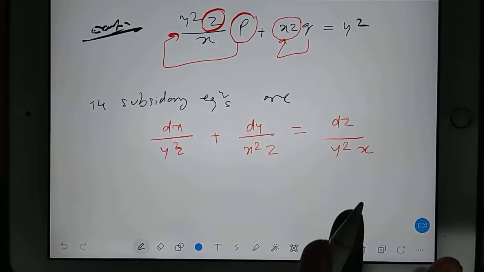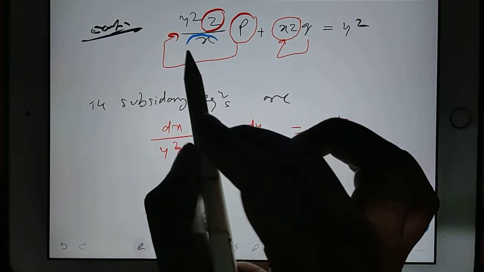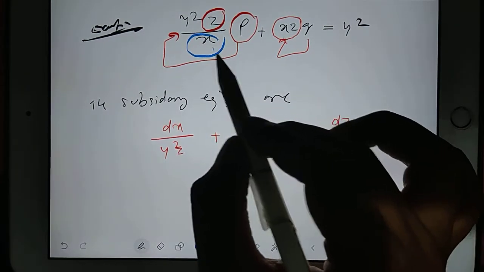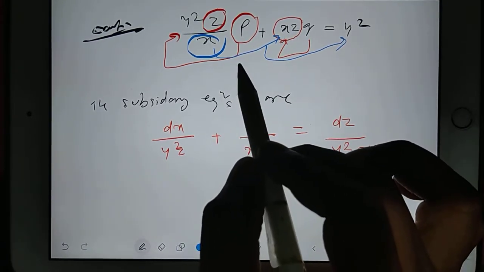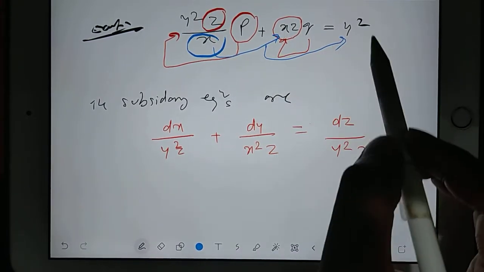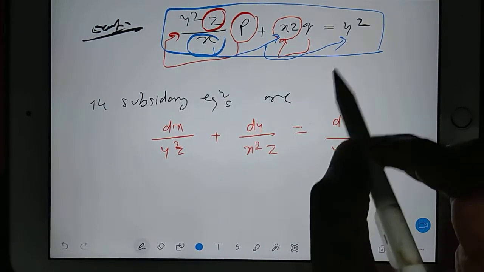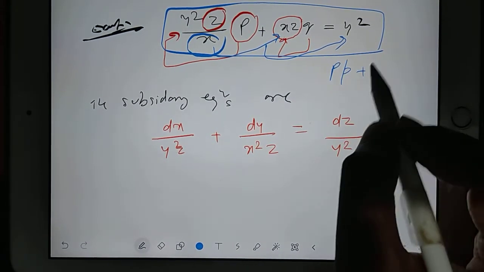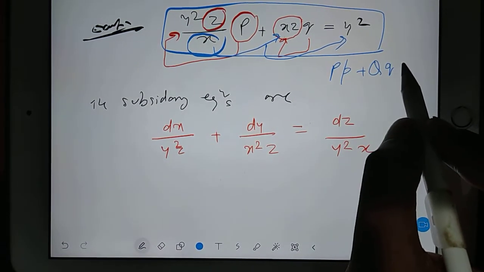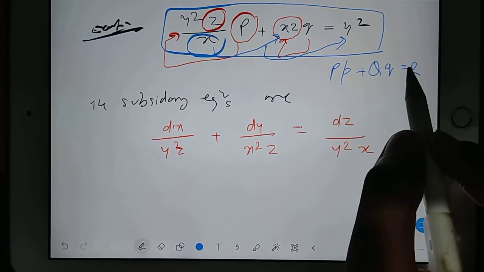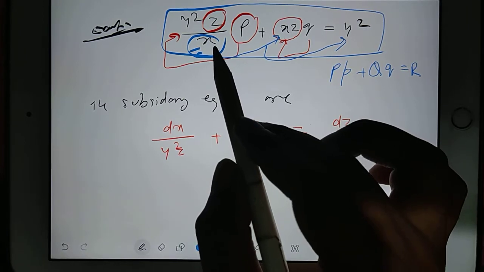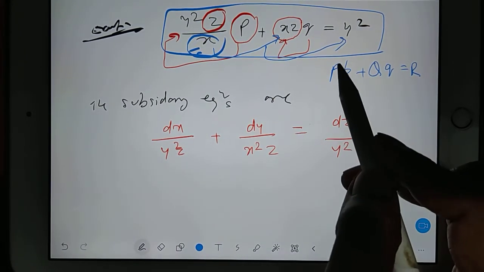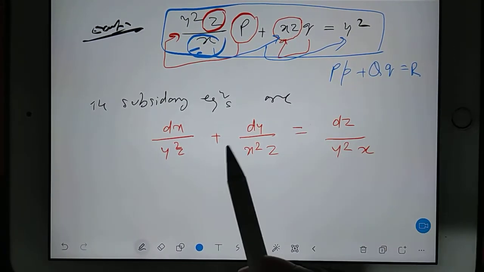Actually, what is happening here? This x I have multiplied here and here. Why have I multiplied like that? So that my equation should be in the pure format of capital P into small p plus capital Q into small q is equal to R. So I have removed this x from here so that it looks pure. Now it is looking pure. So this is called the subsidiary equation.